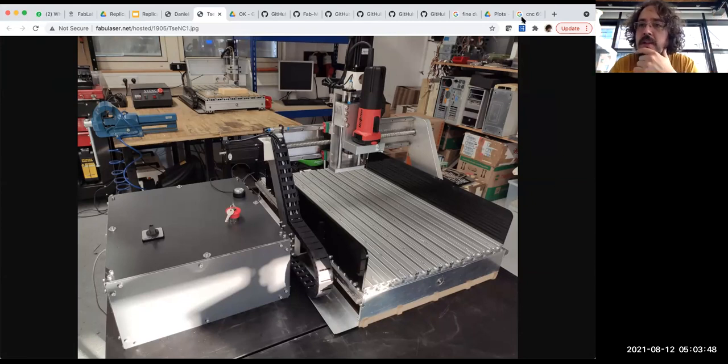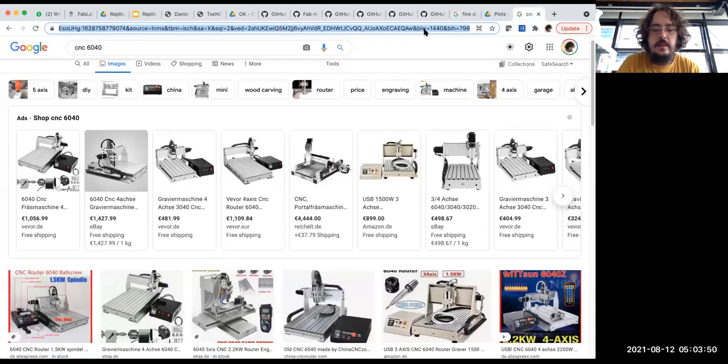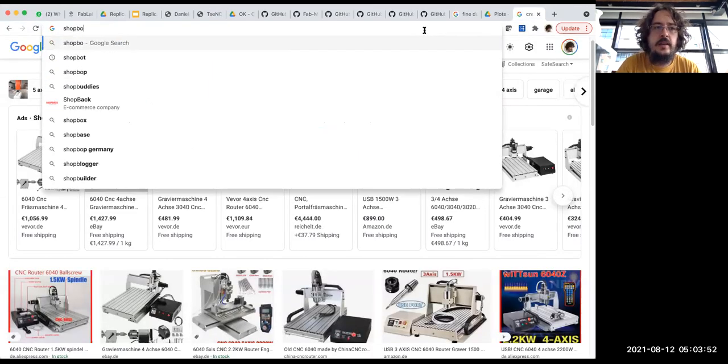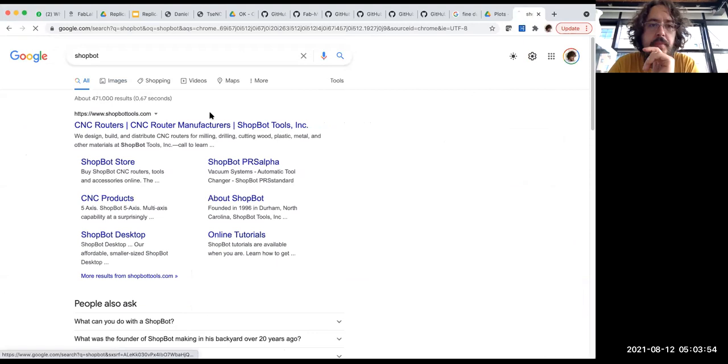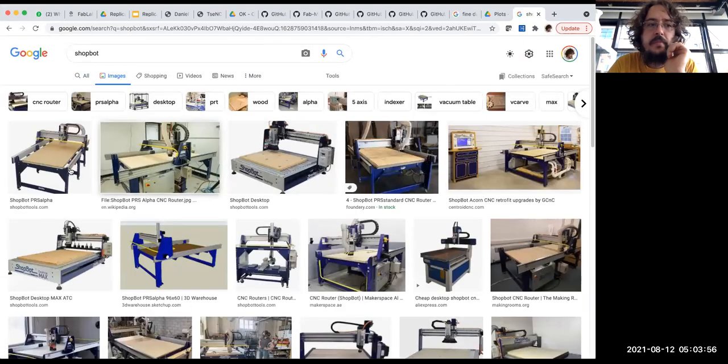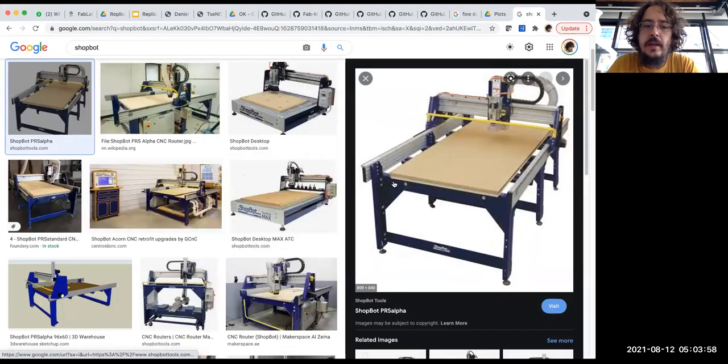The frame of a ShotBot is made just by profiles, and at that scale, this will result in a much cheaper machine. The ShotBot is empty, it's made by these big aluminum profiles here, and yeah, so the answer is yes, but it could be very expensive to make it.